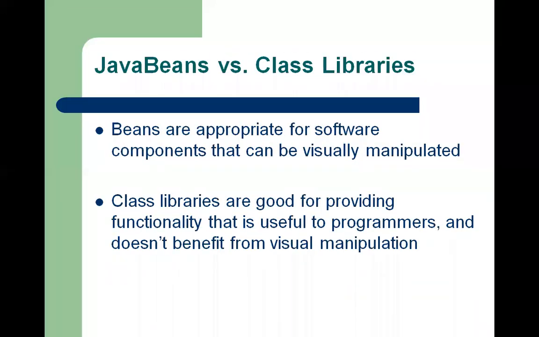What is the difference between Java beans and class libraries? Beans are appropriate for software components that can be visually manipulated, like when we are developing a form, then we can resize those spaces. Class libraries are good for providing functionality that is useful to programmers and does not benefit from visual manipulation.